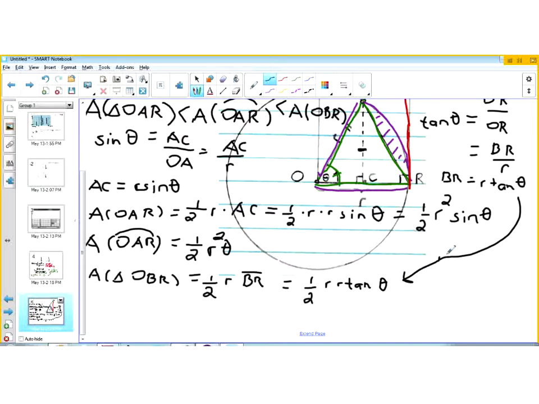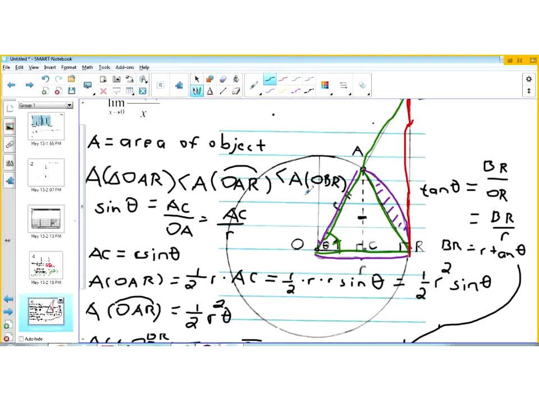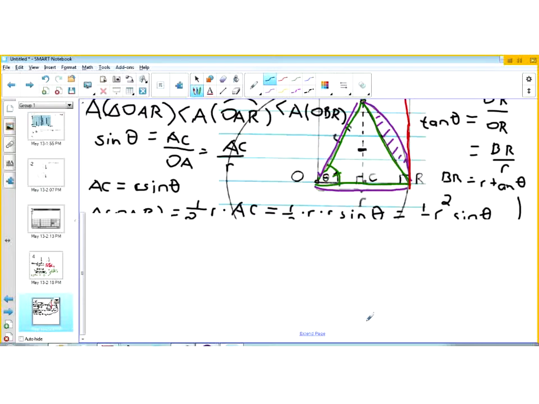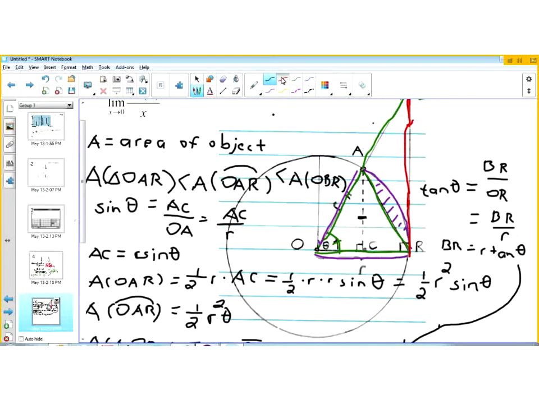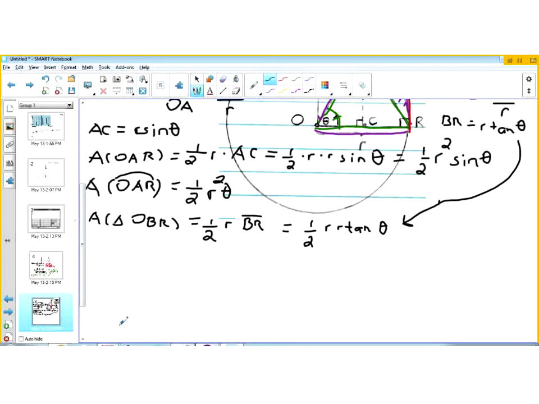Okay, so we can now recast our original inequality in terms of theta. So let me extend the page. I'm going to take this inequality right here, the inequality that involved the areas of the three objects under consideration, and I'll rewrite it in terms of theta.